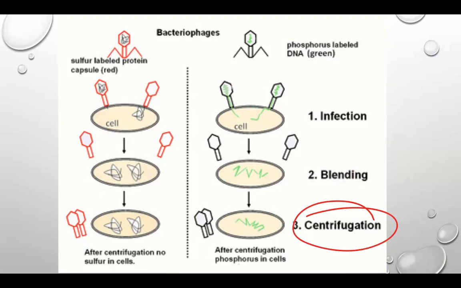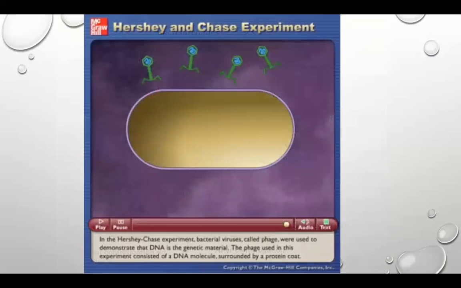The virus invades the bacteria with its genetic material, and we're trying to determine whether that's DNA or protein. Whichever one, the red or the green, is at the bottom of the tube with the heavy bacteria, that is going to be the genetic material.